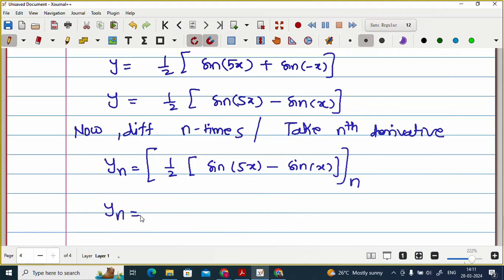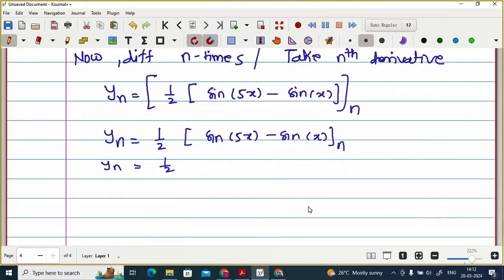As we know, in a derivative constants can be taken outside. 1 upon 2 is a constant, so we can take it outside. So it is 1/2 times the nth derivative of sin 5x minus sin of x. Now this nth derivative over the subtraction we can separate, meaning the nth derivative of sin 5x minus the nth derivative of sin x, because the derivative can be applied separately over addition or subtraction.